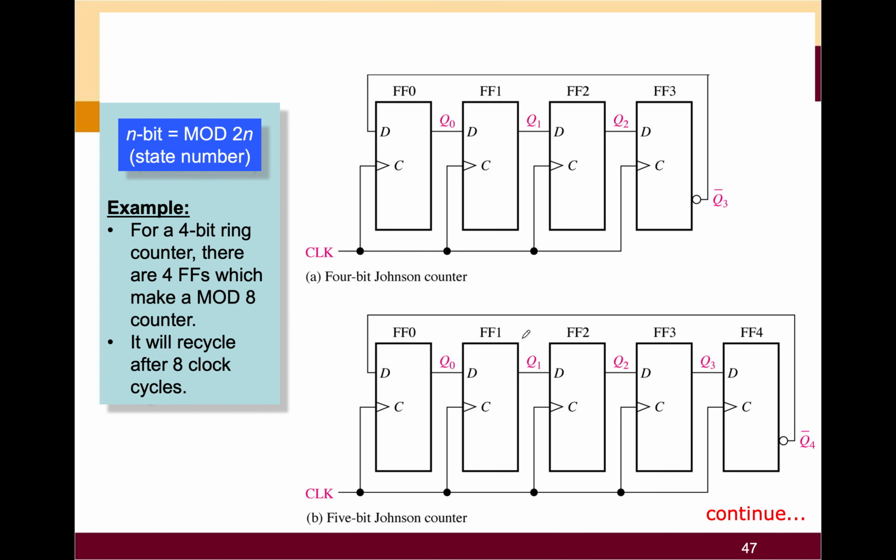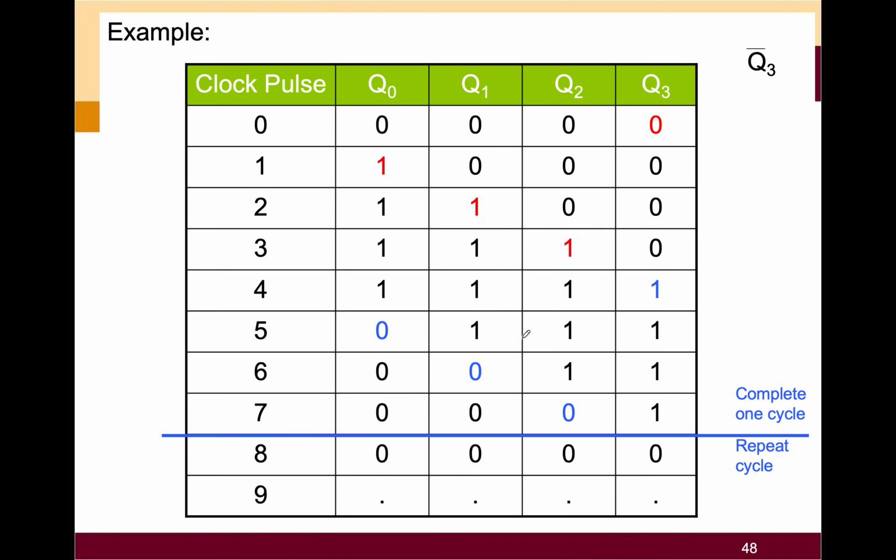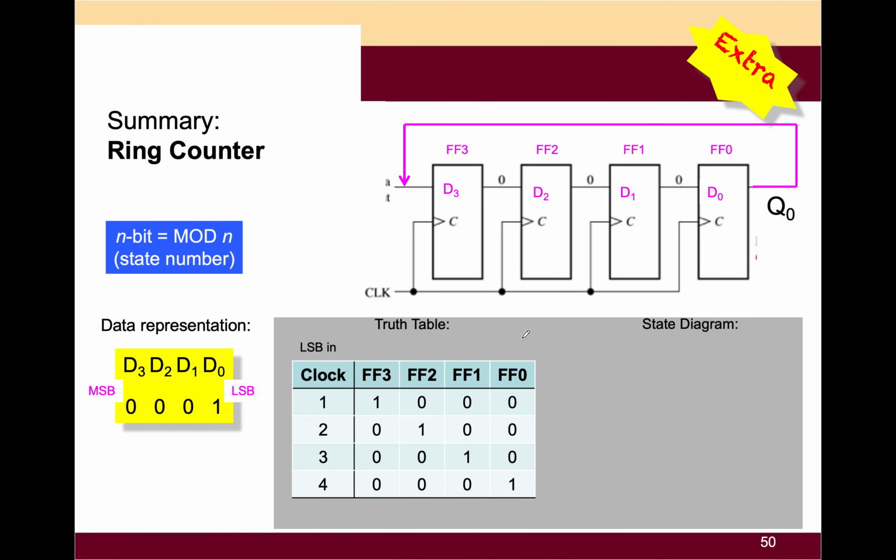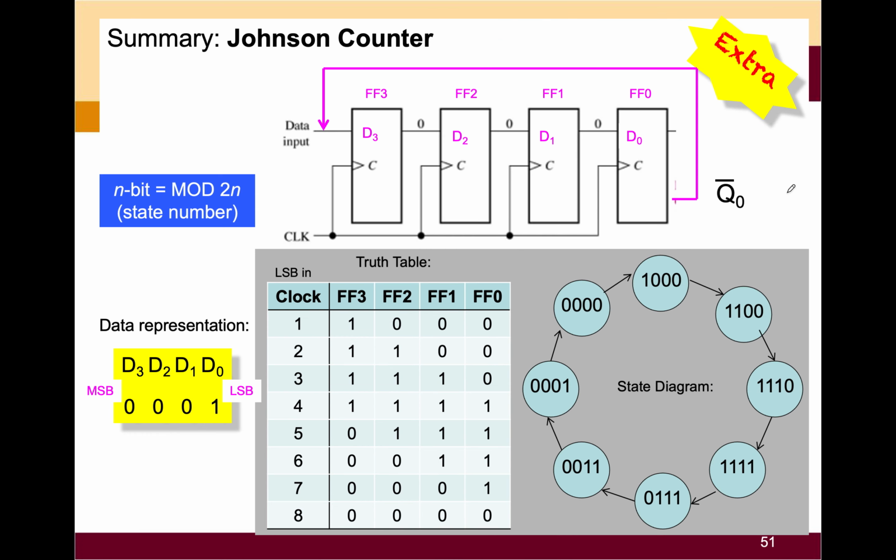So here it is. This is the example, and you can try to see how it is going to look different. Basically, over here this one will of course be a ring because it's not a complement. You will normally use the Q bar under the Johnson counter.